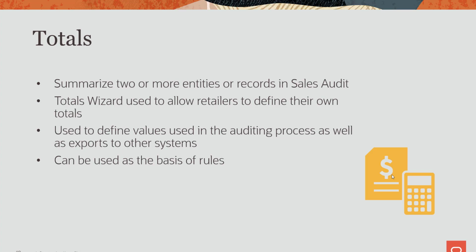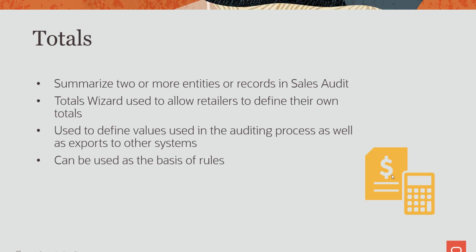These total definitions are used for rules based on totals rather than raw transactional data. Approved totals are run or executed as part of a batch process, which then creates the resulting total records. These total records can be used in Sales Audit or exported to other systems.